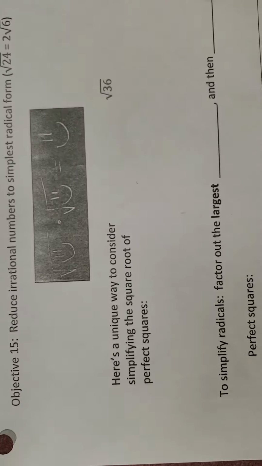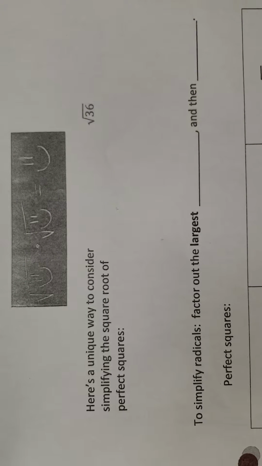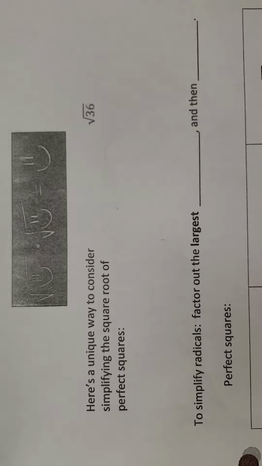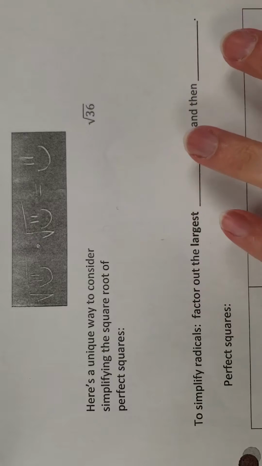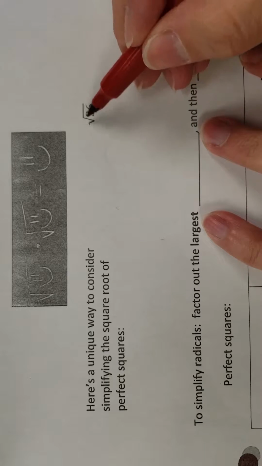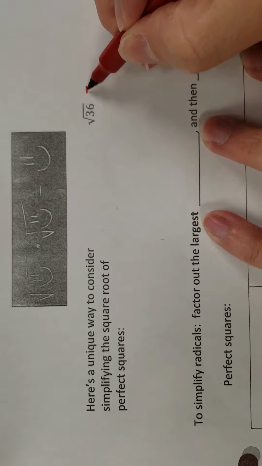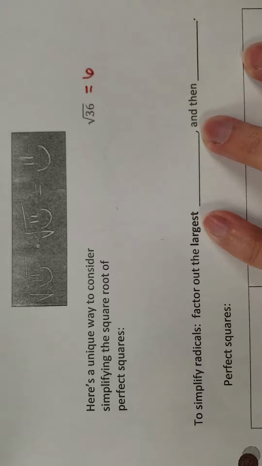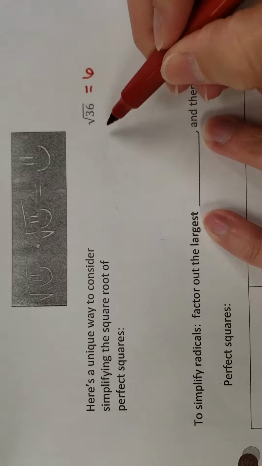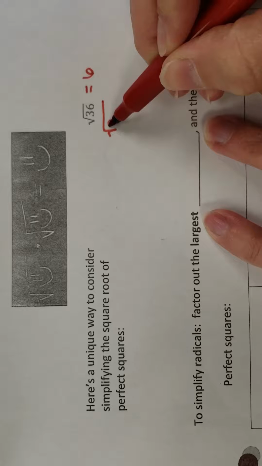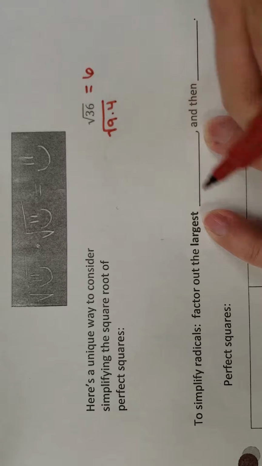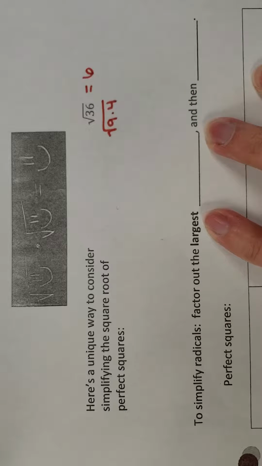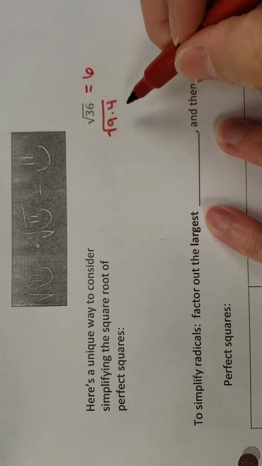in other operations. So, before we get started, let's consider square roots of perfect squares in a different way. This is a perfect square, 36, because its square root is 6. Well, another way to think about that is 36 is the same as 9 times 4. And conveniently, both of those are perfect squares. 9 times 4 is 36.